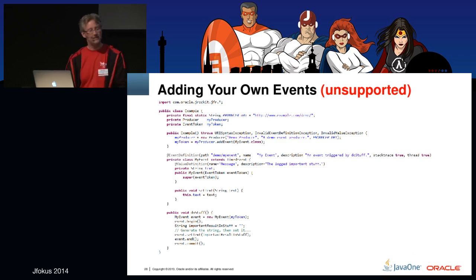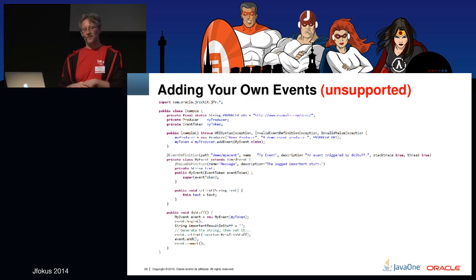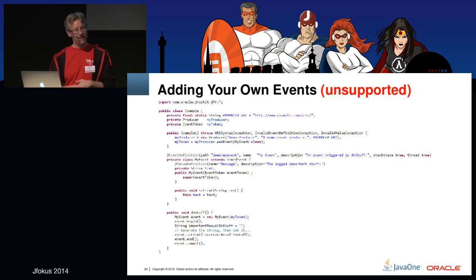So, it's rather easy to build your own events and to add them to the producer. So you basically just subclass an event class. The text is really small here. I'm sorry about that. You can look at the slides afterwards, or you can just go to my blog, because I have a few examples there.